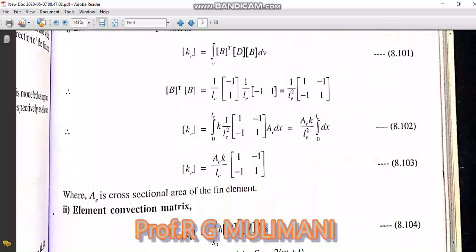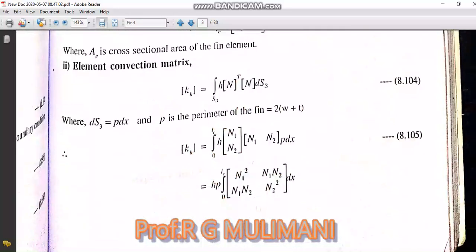Similarly, we also derived the convection matrix. How to do the convection matrix? Again you need to consider the strain energy. Convection depends upon the surface area. Already we know the shape functions, and here the material property is the convection property, that is the heat transfer coefficient. What is the area here?